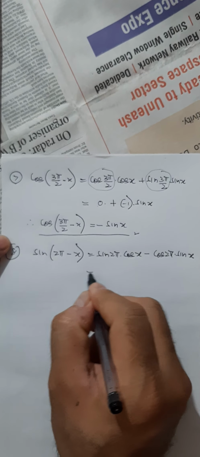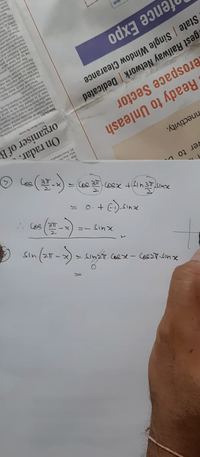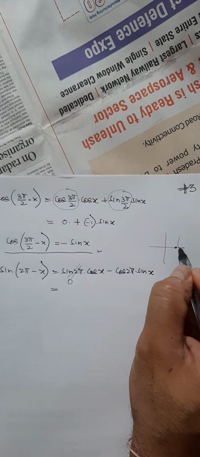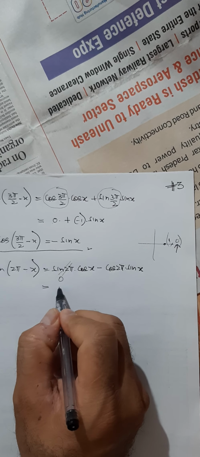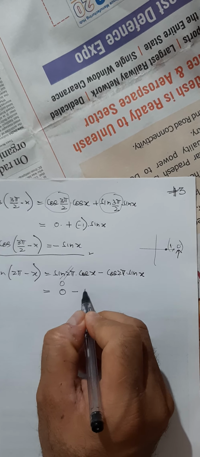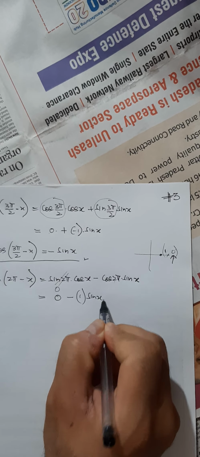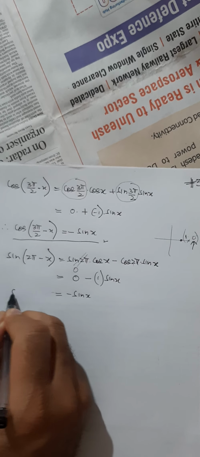Okay. Sin 2 pi, you know, 0. 2 pi is here, that is same as 0. Here 1 comma 0. Sin is second coordinate. So sin 2 pi is 0. Cos 2 pi, you know, it is 1. So 1 into sin x. So your answer is minus sin x.